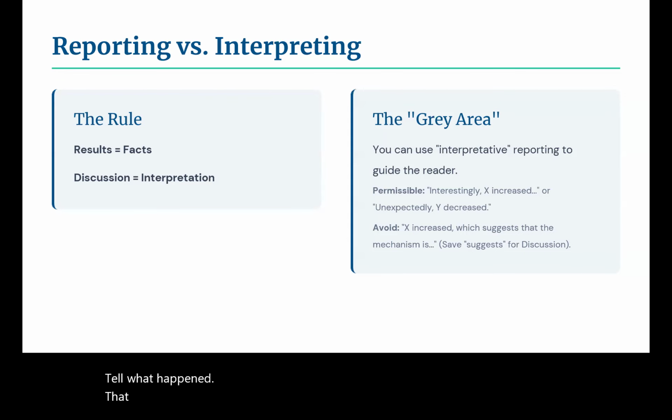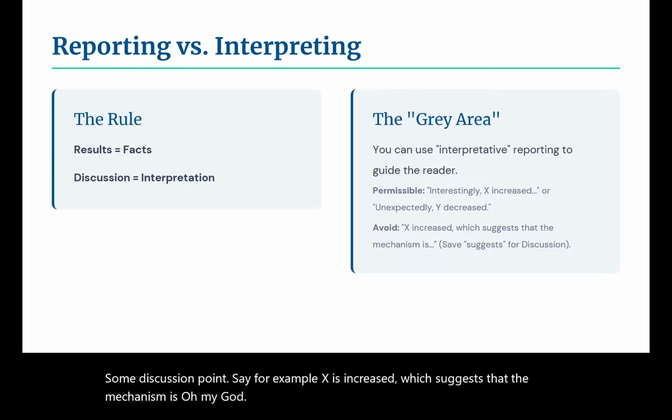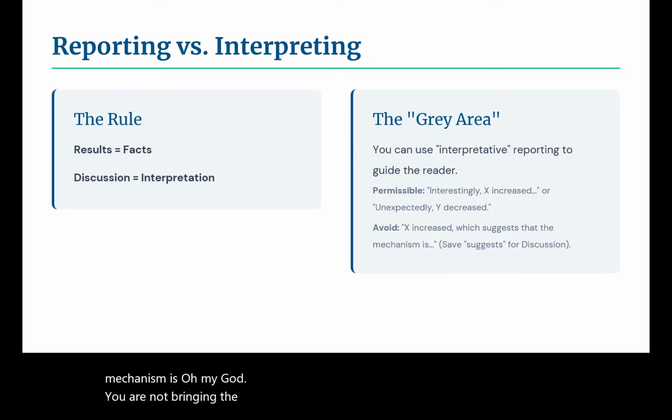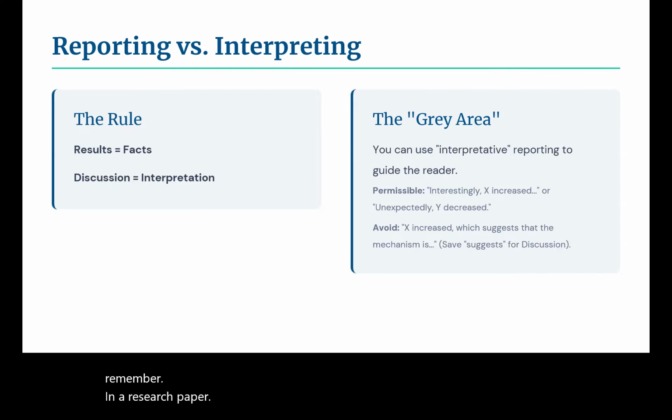But in your description, when X increased, if you add discussion points, say for example, X is increased, which suggests that the mechanism is, oh my God, you are not bringing the facts in, you are getting fact into a discussion. Remember, in your research paper, there is a separate section for discussion.